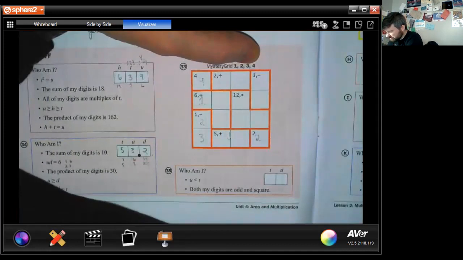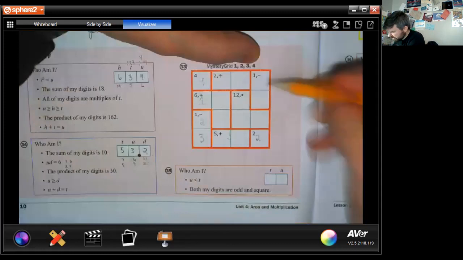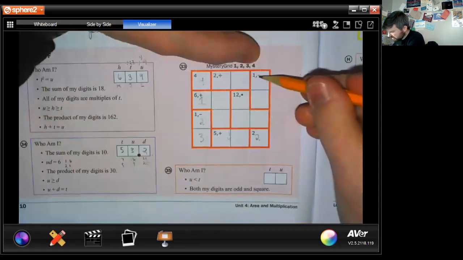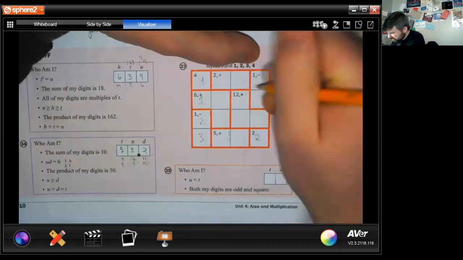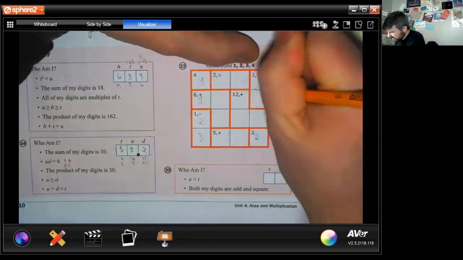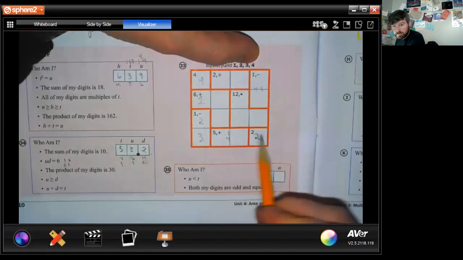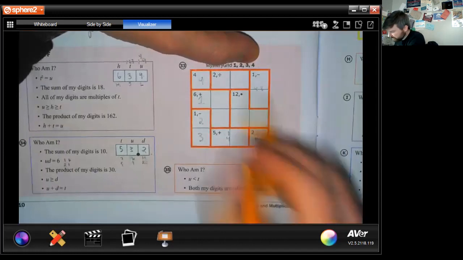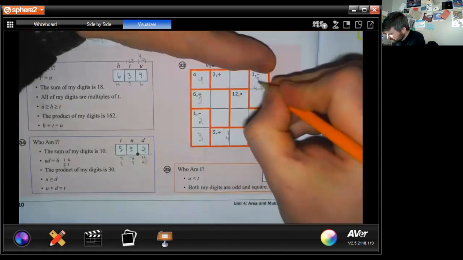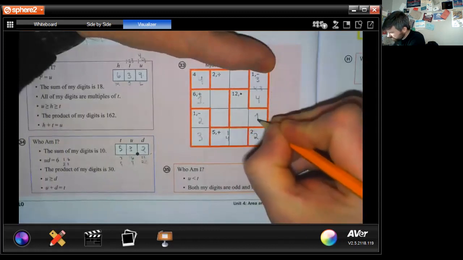Okay, 1 with subtraction. I could do 4, 3. Looks like it's 4, 3, because I can't use a 2 because a 2 is already down here. 4 is already here, so this is 3, 4, and a 1 there.